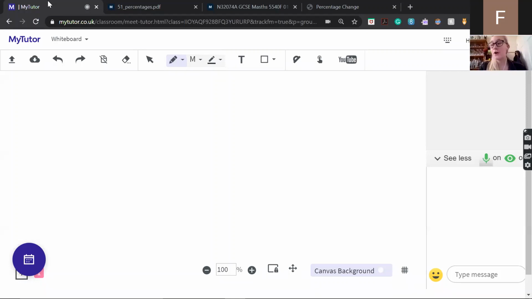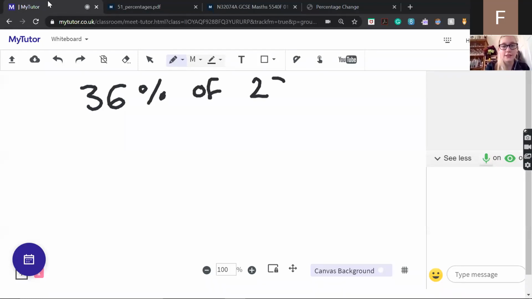So yeah, we'll start off by talking about how to calculate a percentage of something. There are a couple of methods, what I would call the non-calculator method and the calculator method. And I'll go through both with you. So sometimes we'll get something like this. Let's go for something. Say 36% of 280.